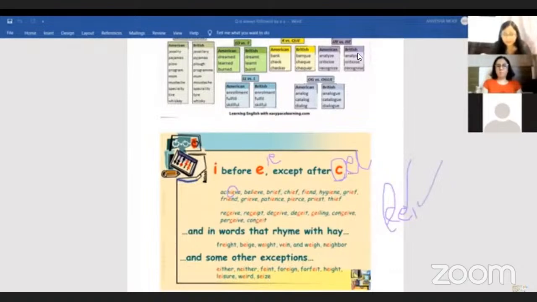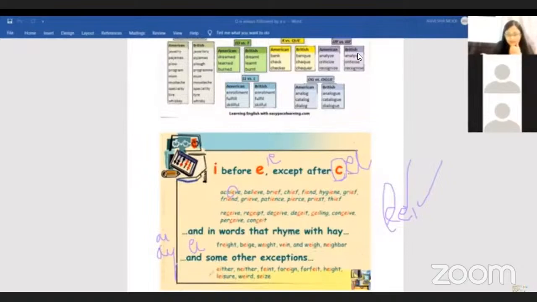Now you can see receive, receipt, deceive, deceit. And in words that rhyme with hey, E comes first because EI here is an alternative spelling for the A sound. For the A sound, the A spellings basic we have done. So freight, weight, vein, neighbor.